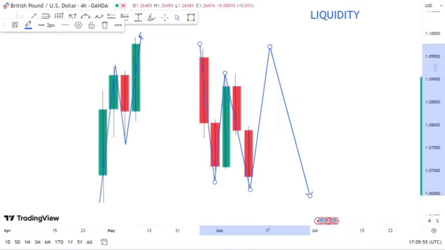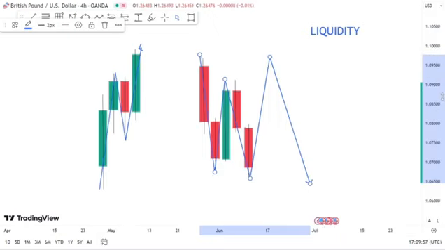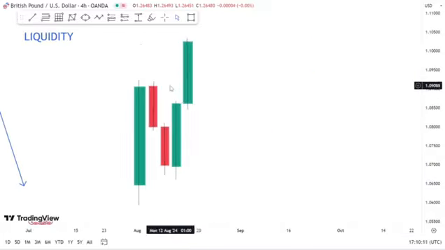Now, I said I was going to show you how to identify a pullback. Now, let me show you what is not a pullback and why this is not considered a pullback. Because as you see, the green candle printed right here, a large green candle. The high of this particular candle and the low of this particular candle has not been breached.